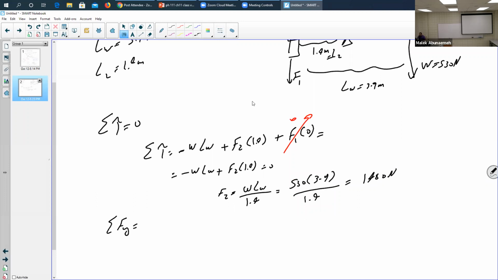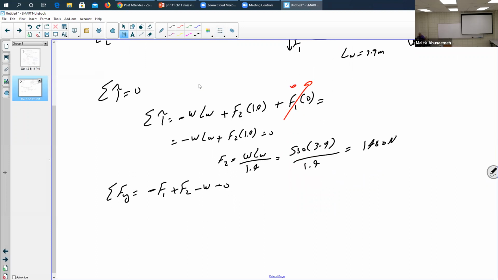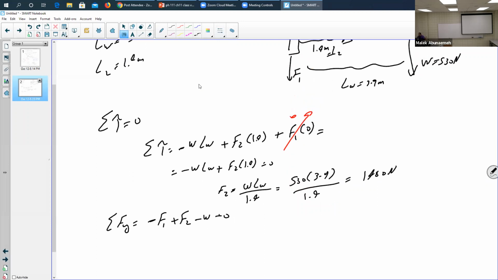You're going to have minus F1, which is going down, plus F2 minus your weight, equal to 0. We already defined F2 as 1480, so this is going to equal minus F1 plus 1480 minus 530 equal to 0. That means F1 is going to equal 1480 minus 530, which equals 950 newtons.